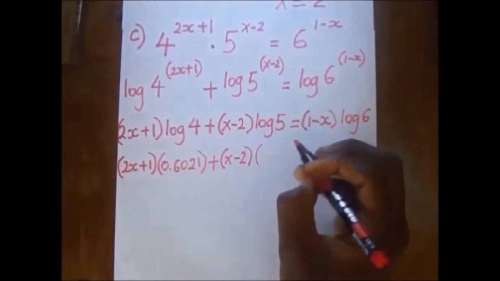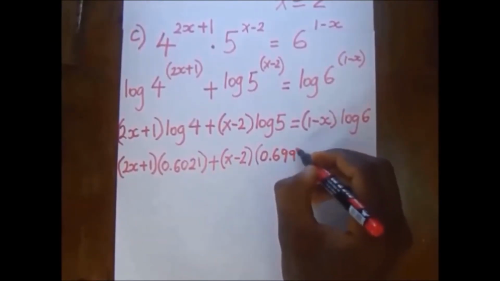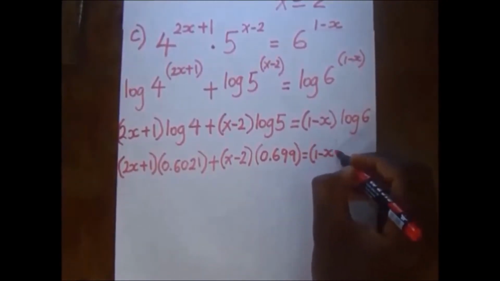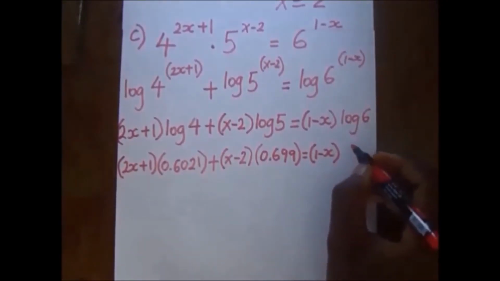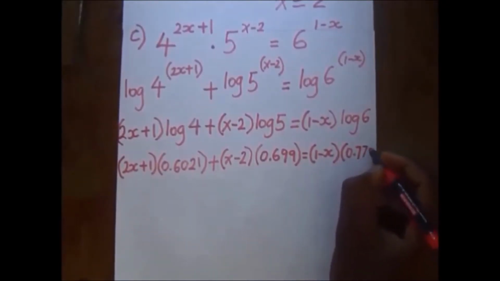What's the log of 5? The log of 5 is 0.699. Is going to be equal to 1 minus x times the log of 6, which is 0.778.